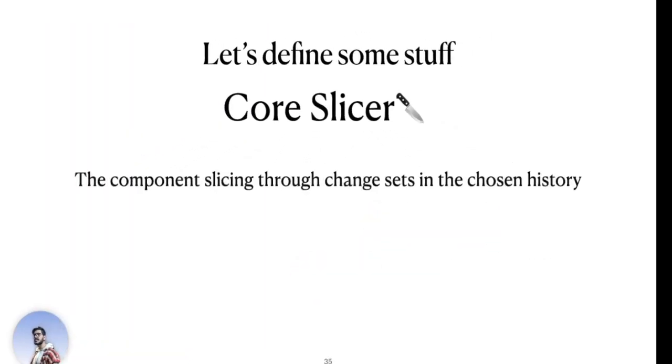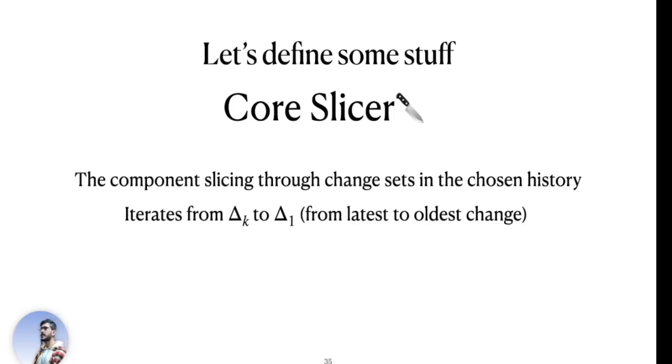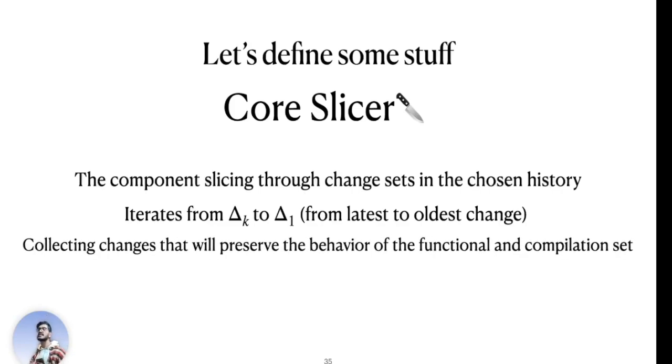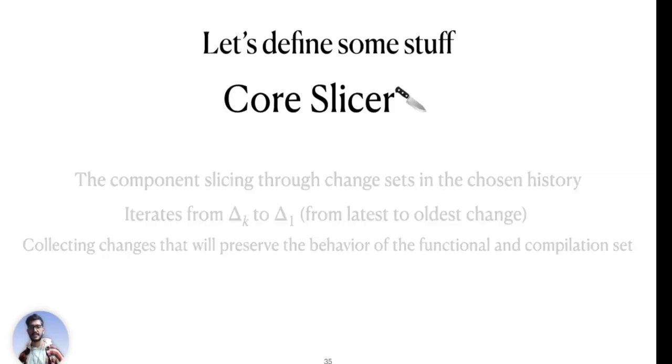Okay, so CSlicer, which is the core component, will go through the chosen history. It will iterate backward from the latest change to the first change set. It will only collect the changes that are required to preserve the behavior of the functional and compilation sets.